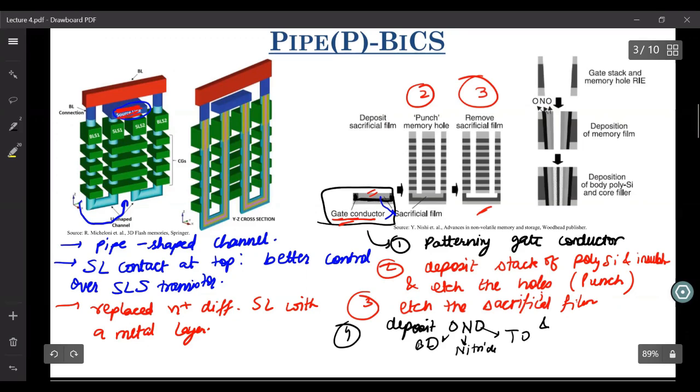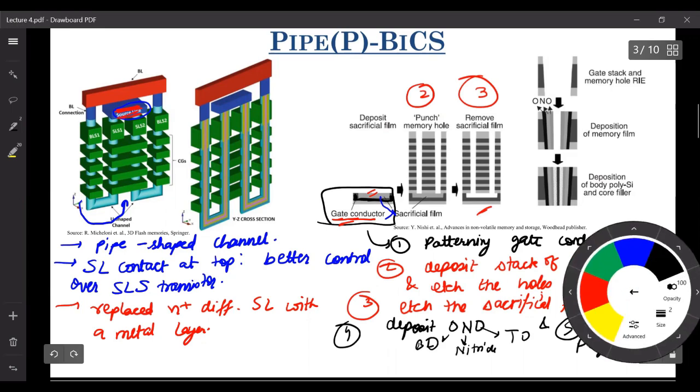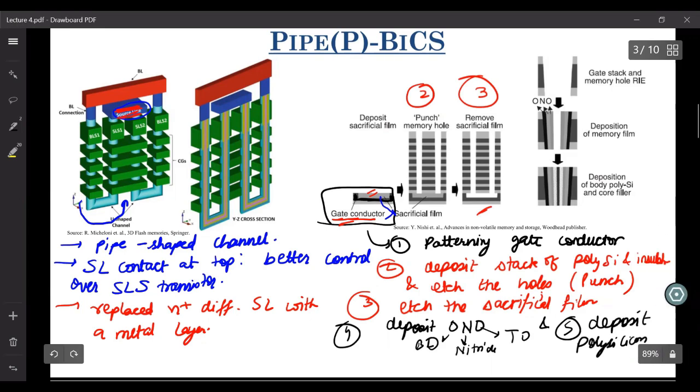And then in the last step, you deposit your polysilicon. This pipe structure allows you to not use that etch like in BiCS, and you don't have to connect to the bottom N plus diffusion layer. So here you don't have to expose the tunneling oxide to any kind of etchant, and the quality of the tunneling oxide is improved.